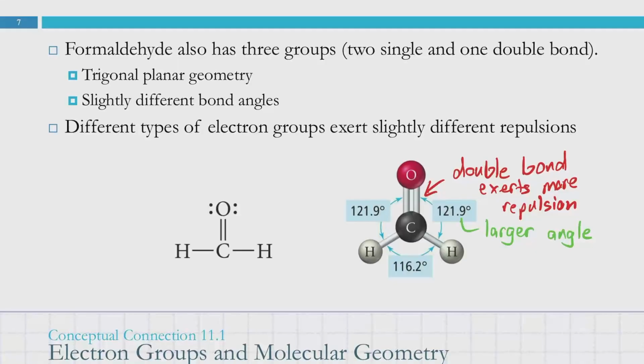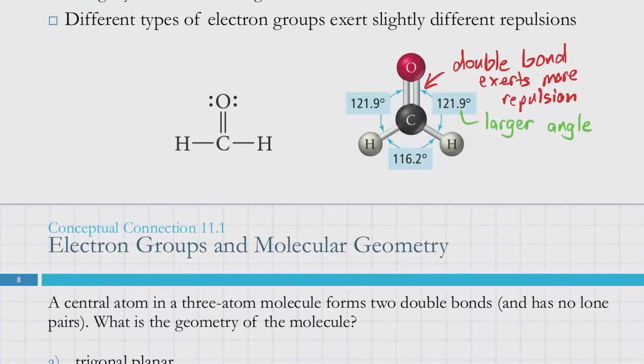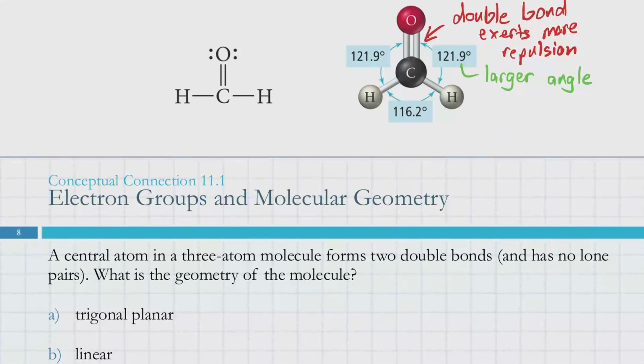You don't need to know the exact specific values, like 121.9 degrees or 116.2 degrees. That would be crazy. You should be able to make predictions about this bond angle being greater than 120 degrees, this bond being less than 120 degrees. So you should know the base, for a trigonal planar, it's 120 degrees. And then how the double bonds, triple bonds, lone pairs, things like that will influence bond angles, ideally.